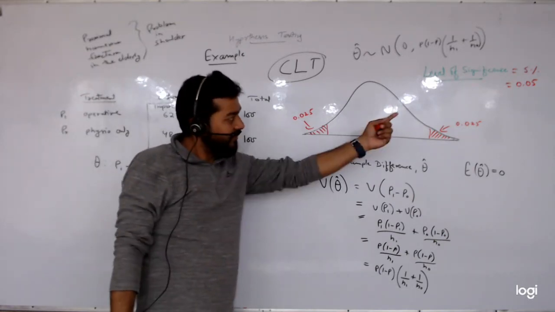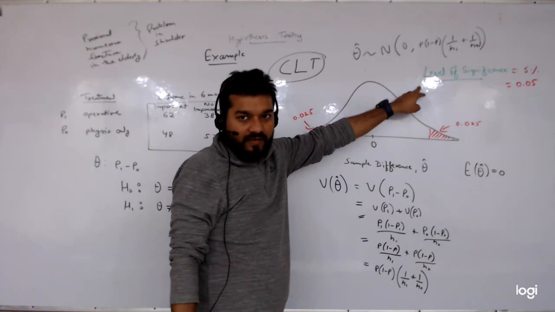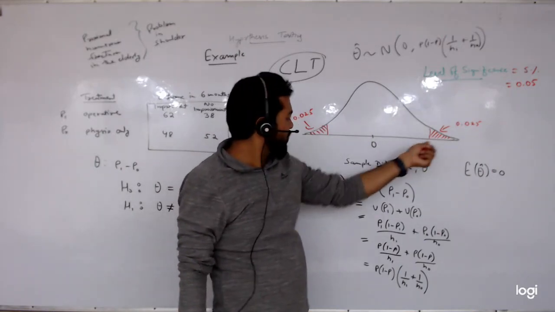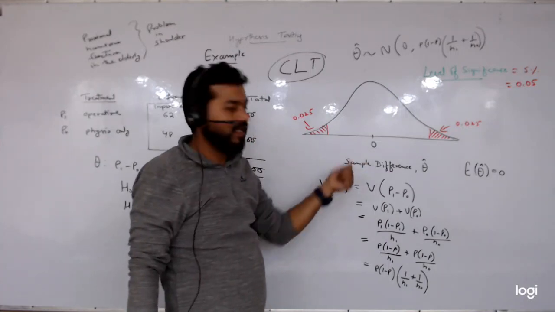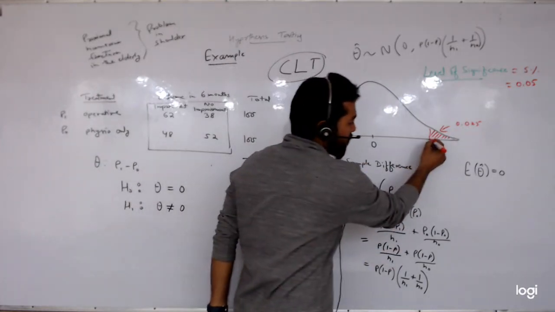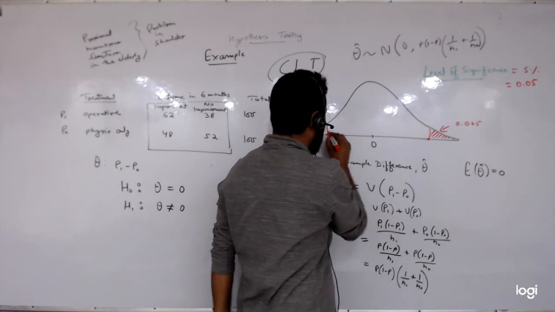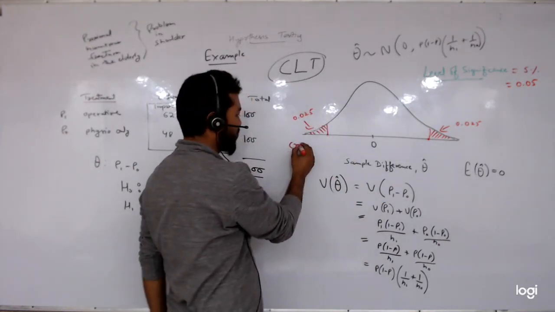Okay, after choosing our level of significance and figuring out where our critical value should be positioned, this is the last thing. You select this point and this point as critical values.